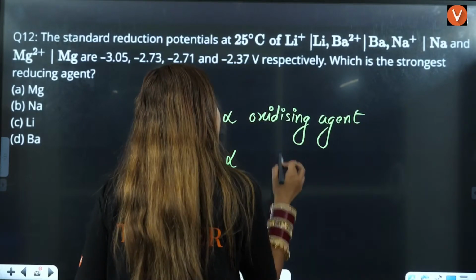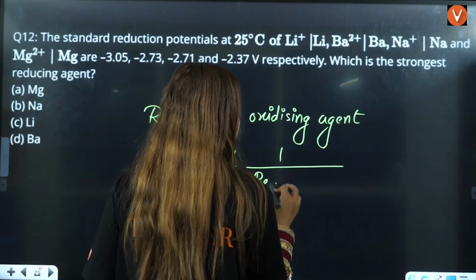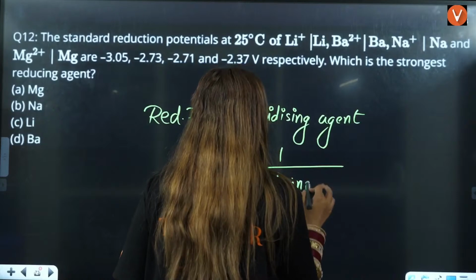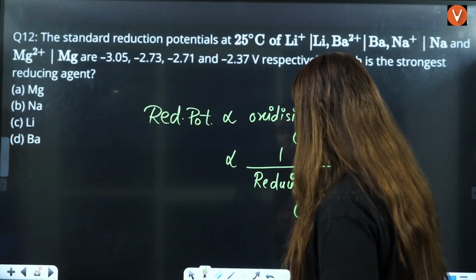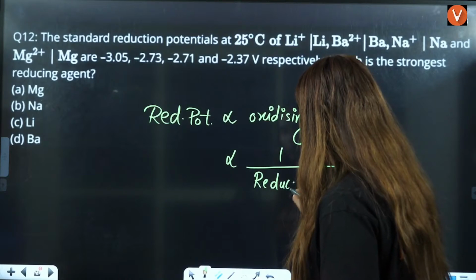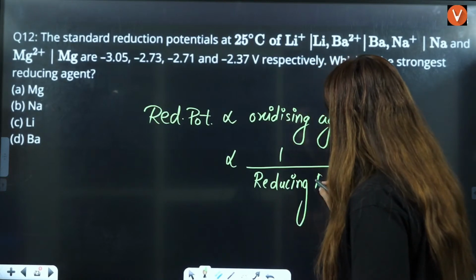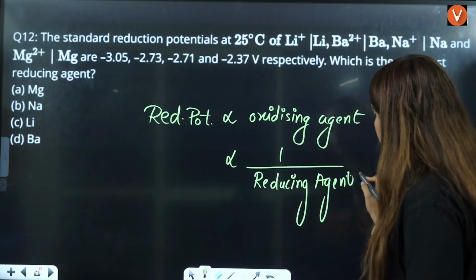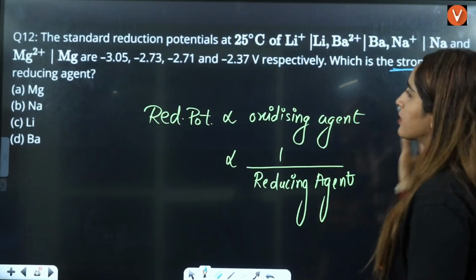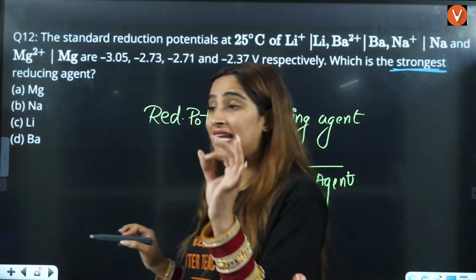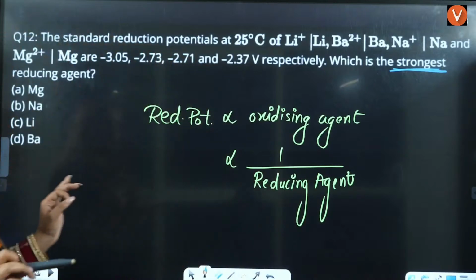That means it is not at all a good reducing agent. So the reducing agent and reduction potential are inversely proportional, isn't it? So they are asking you the strongest reducing agent, which means you need to see the least value of reduction potential.